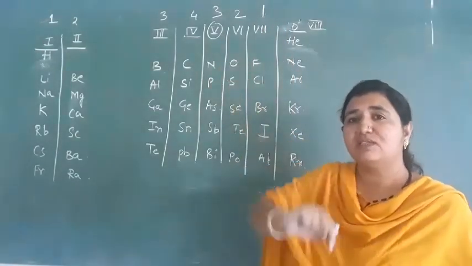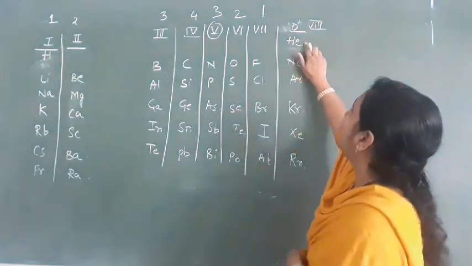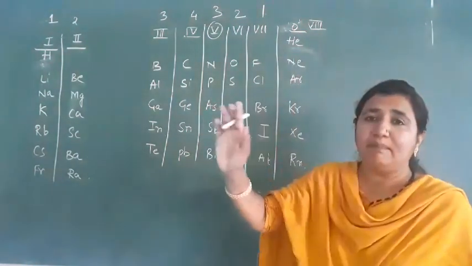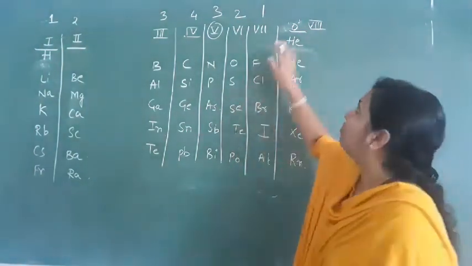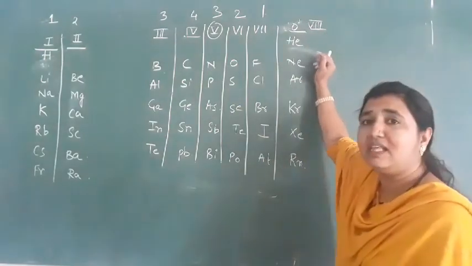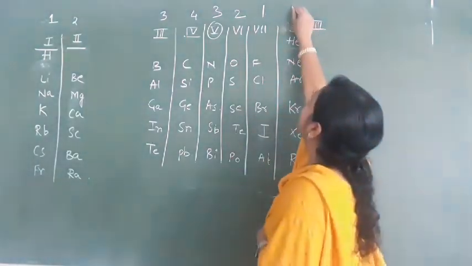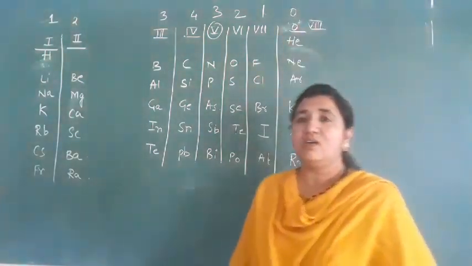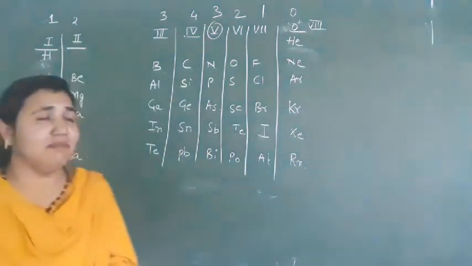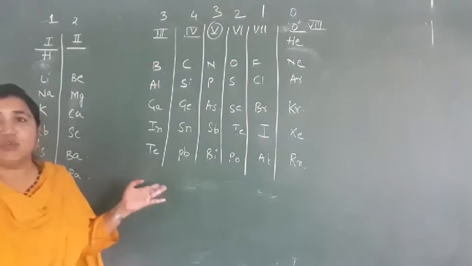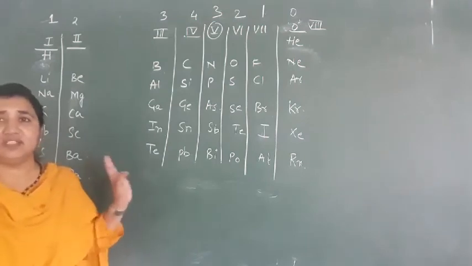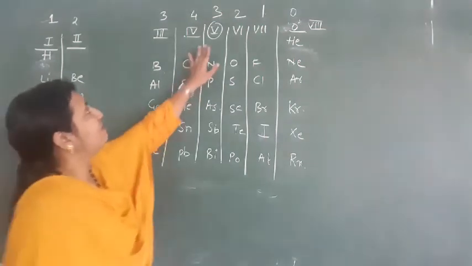Their valency is 1. In the 18th group, the octet is already complete, so their valency is 0. These are the noble gases, the zero group elements.